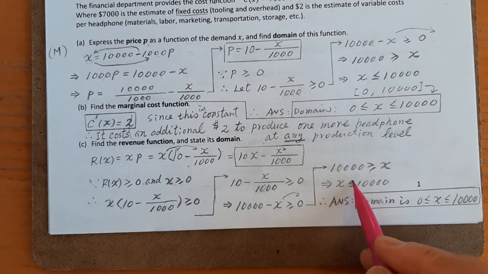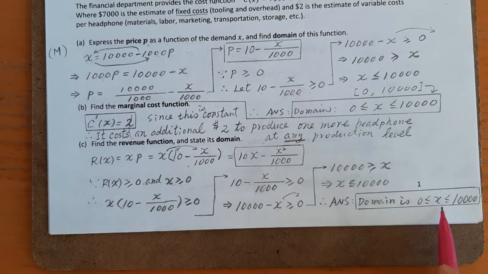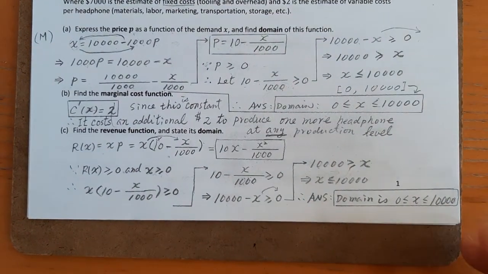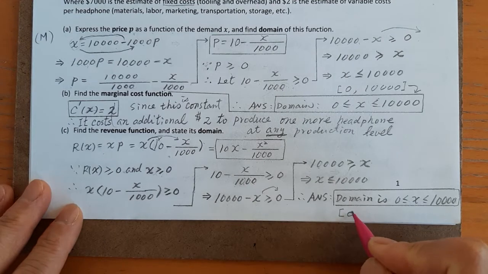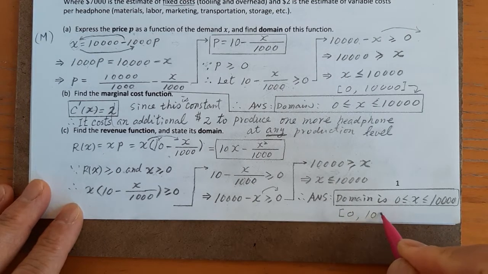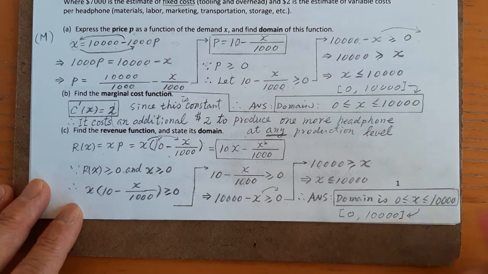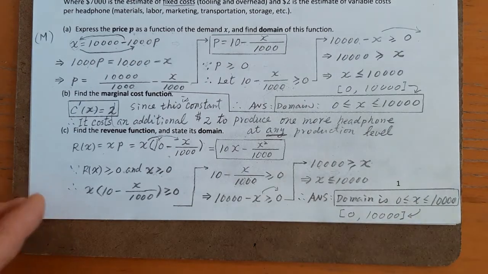That means x is less than or equal to 10,000. So you have the answer for the domain. The domain is the same as in A. So the domain is from 0, you can put in interval notation from 0, comma, to 10,000. That's interval notation. You can answer either way.